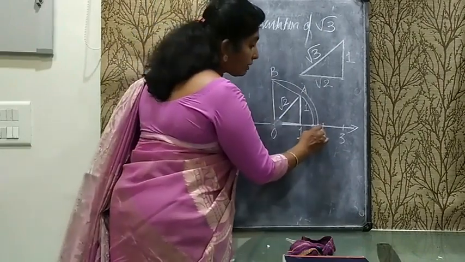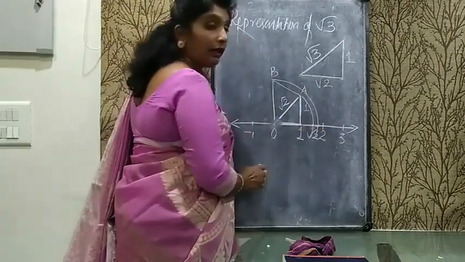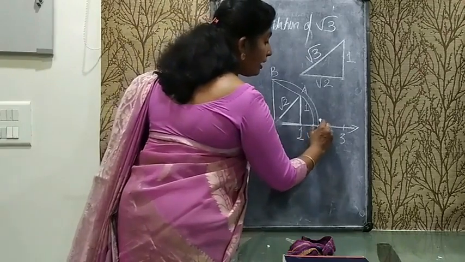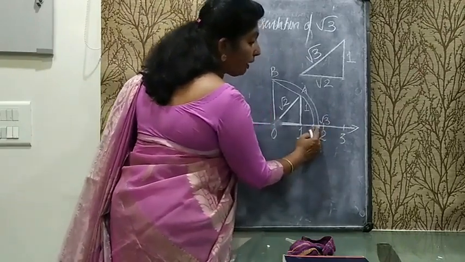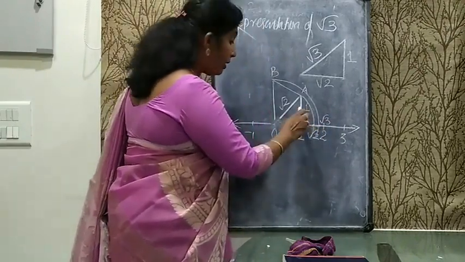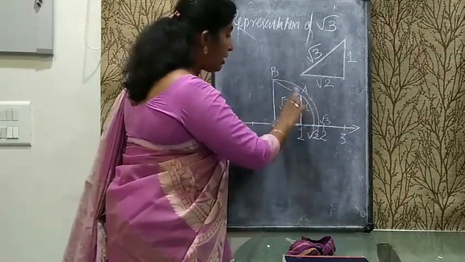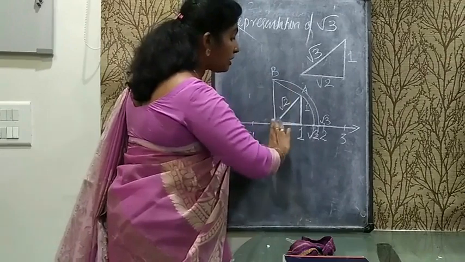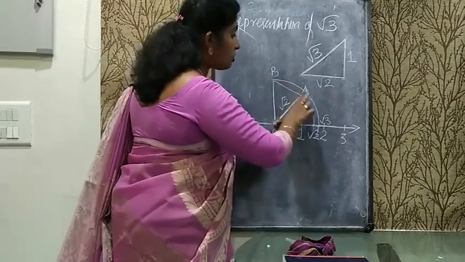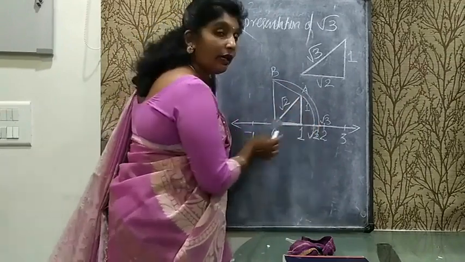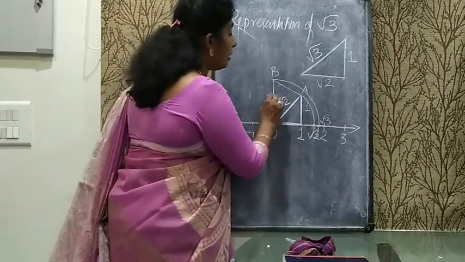You can see this arc is intersecting the line here. This point is root 3. How did it come? The distance from here to here and this one is the same. From here to here it is root 3. This portion is root 3, so the same distance we drew here. So from here to here that distance is also root 3.